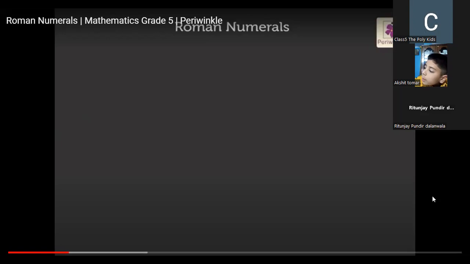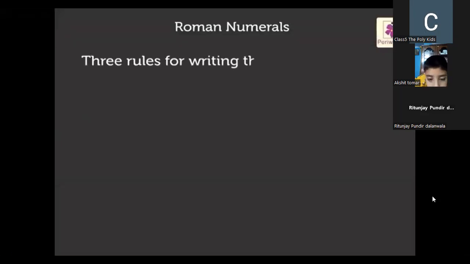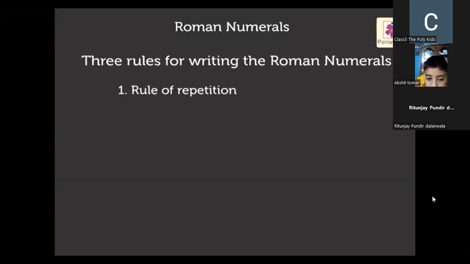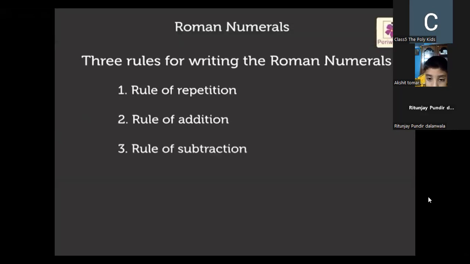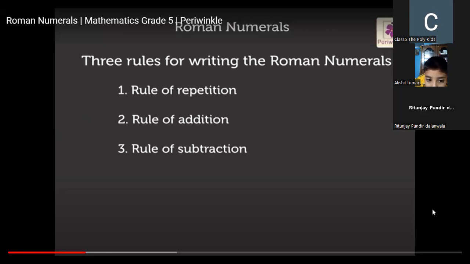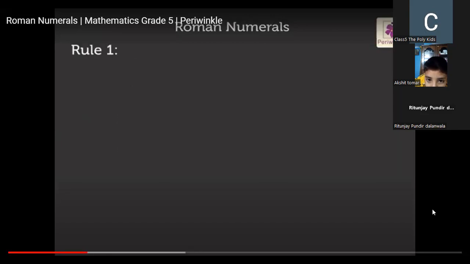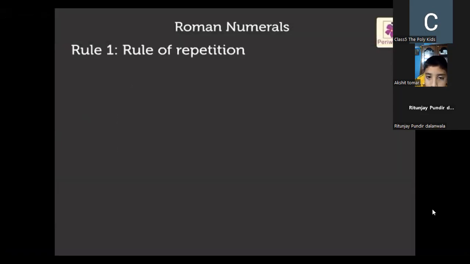We need to remember 3 rules while writing the Roman numerals. 1. Rule of repetition. 2. Rule of addition. 3. Rule of subtraction. Let us learn each rule one by one. Rule 1. Rule of repetition. 1.